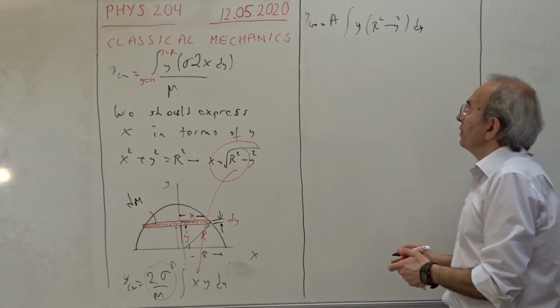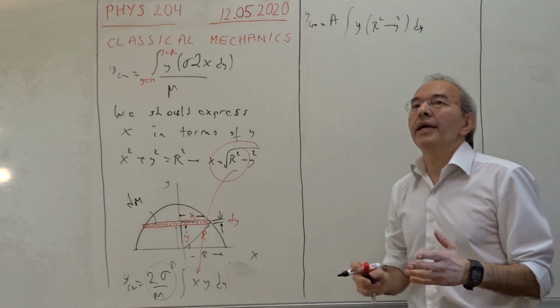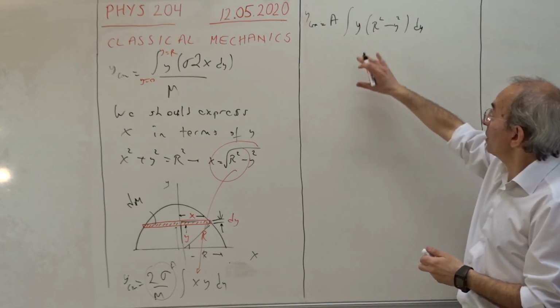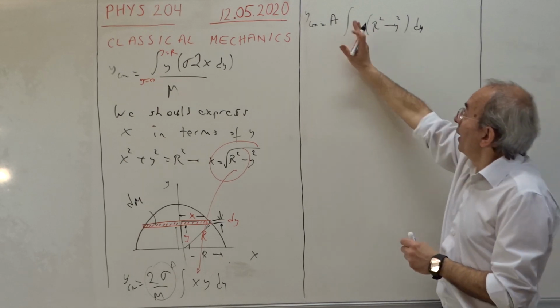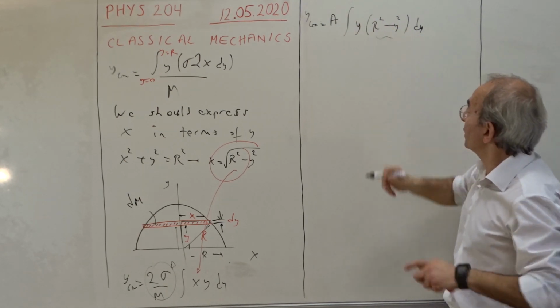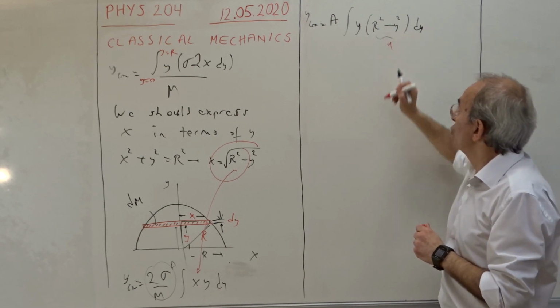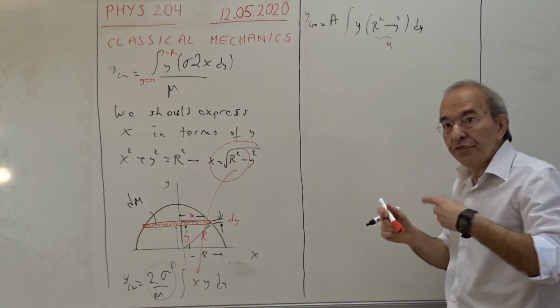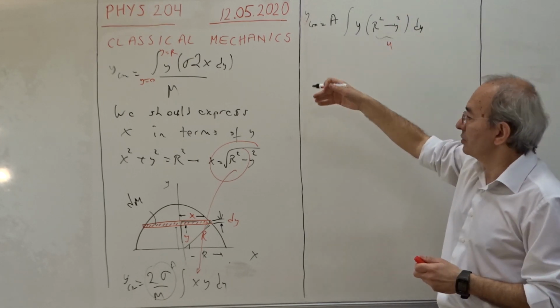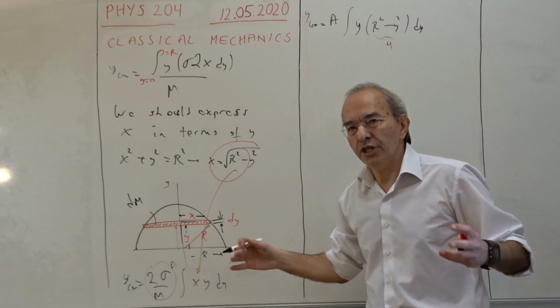So it can be solved in more than one way. The first way may be the easiest one, because if you separate it into 2 parts, y and the parentheses, and call this part, for instance, u, then du is minus 2y dy. We already have y dy, so by writing a minus 2, we can finish.